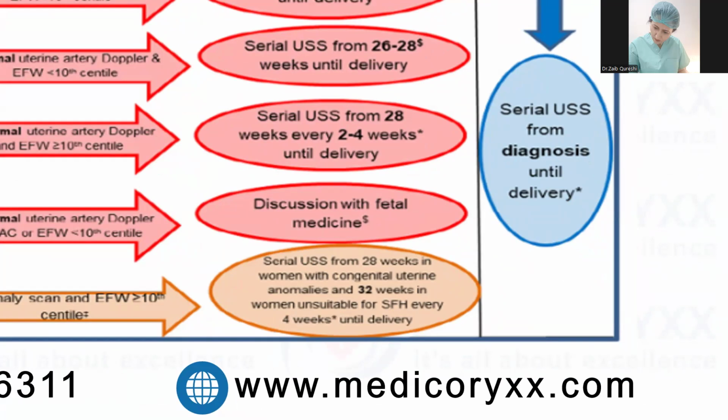Okay, so having said that, if the woman is unsuitable for symphysiofundal height, you can fairly think of this: if a pregnancy is with fibroid, if a pregnancy is with any ovarian cyst, or any other thing, symphysiofundal height is going to be quite tricky. Okay, you cannot measure properly. Clear everyone?